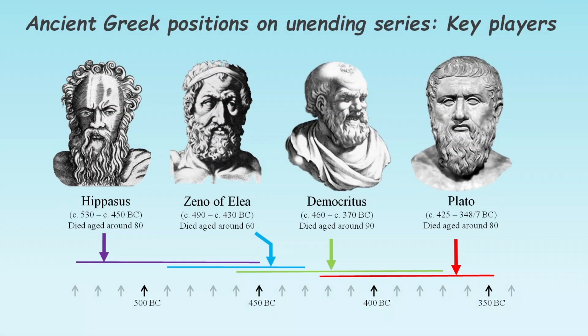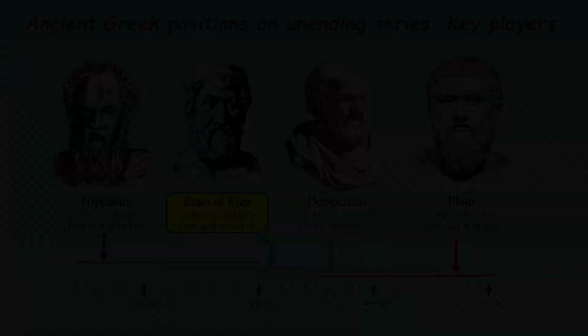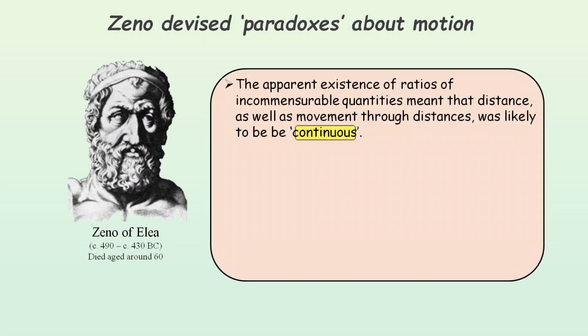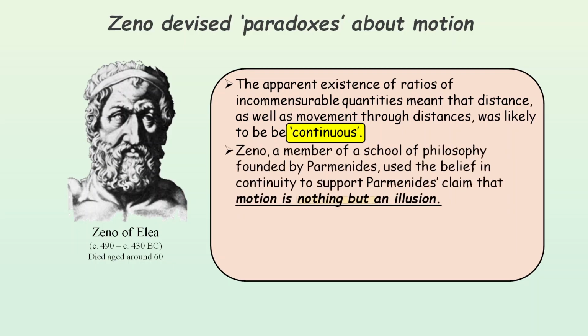Another prominent Greek philosopher to talk about unending series was Zeno of Elea. Zeno's starting position was that motion is continuous, and his objective was to show that motion is an illusion.